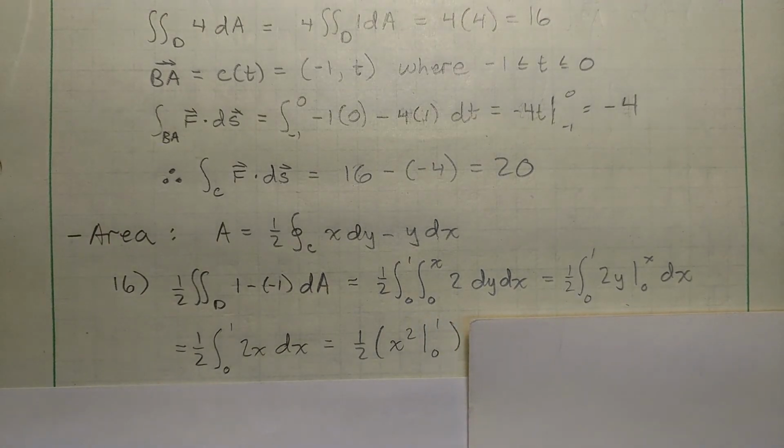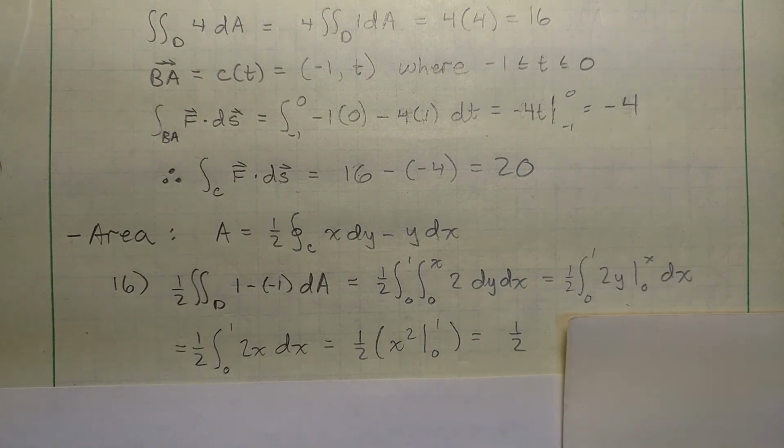Anti-differentiating there, 1/2 times x squared going from 0 to 1. Plug in the 1 and I get 1/2. And knowing that triangle with vertices of 0, 0, 1, 0, and 1, 1 has a base of 1 and a height of 1, we do know it has an area of 1/2, so we verified it there. All right, that's how we find area using Green's theorem.